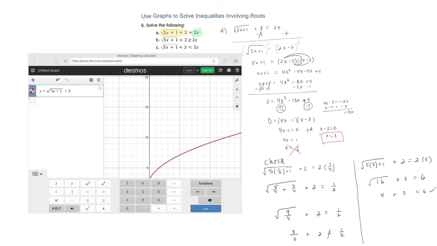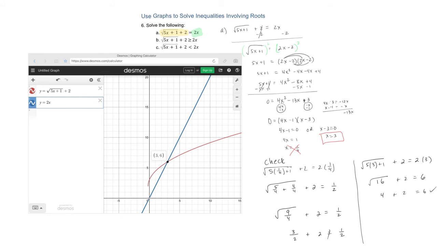Okay, so that's one y equals, and now we're going to do another one as y equals 2x. Okay, now that point of intersection is x equals 3, which is not surprising because that's what we just found right here. All right, so there is our algebraic solution with a graph to verify our solution that makes sense.